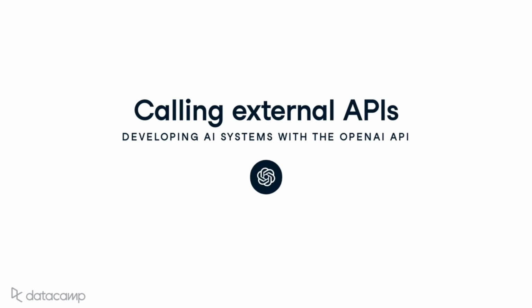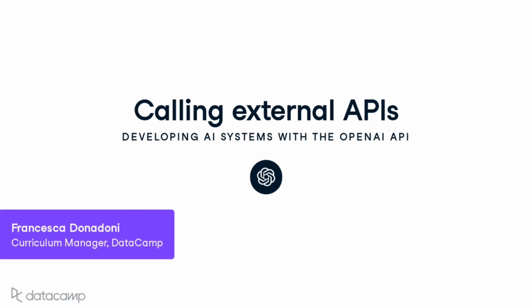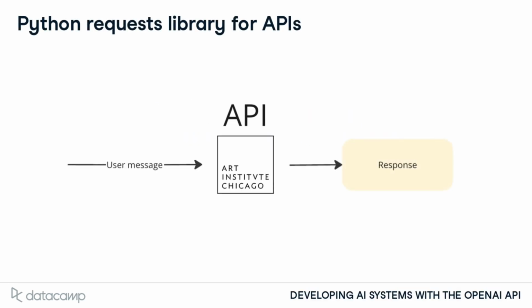In this video, we'll explore how function calling can be used to call external APIs to retrieve additional information. APIs are widely used in software engineering and facilitate communication between different software systems. There is a variety of them available and open without the need for a subscription. For example, the Art Institute of Chicago has one available for free that provides developers with the museum's public data.